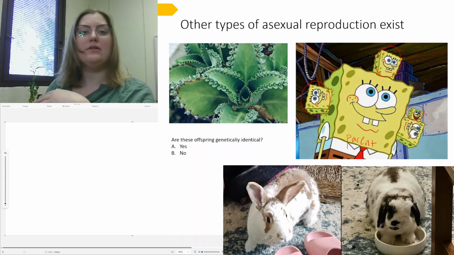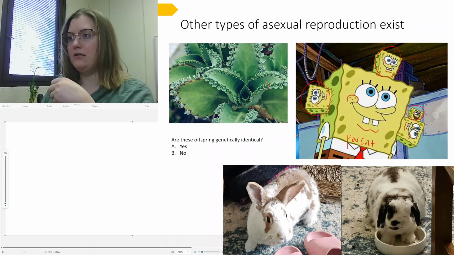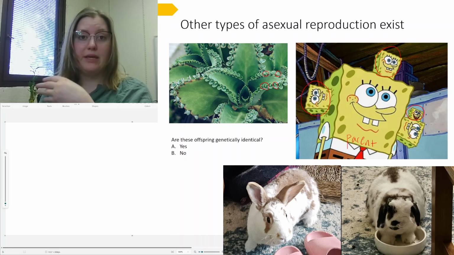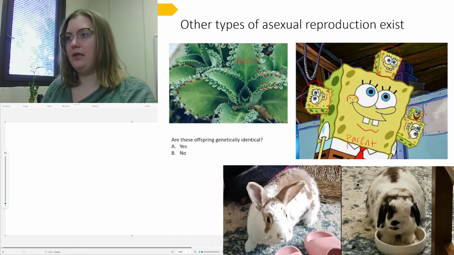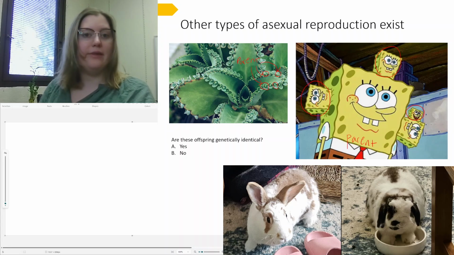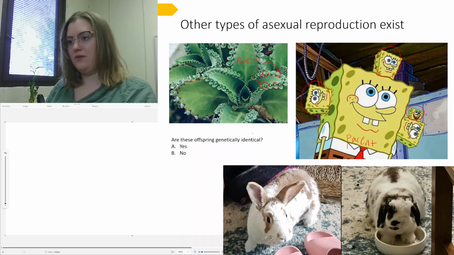Another example on this side, this plant is called Mother of Thousands, and each of these little buds on the side of the leaf is going to be able to grow into an entirely new organism. So this parent plant has copied its DNA and put it into these little offspring buds, and then those will be able to grow into new plants.